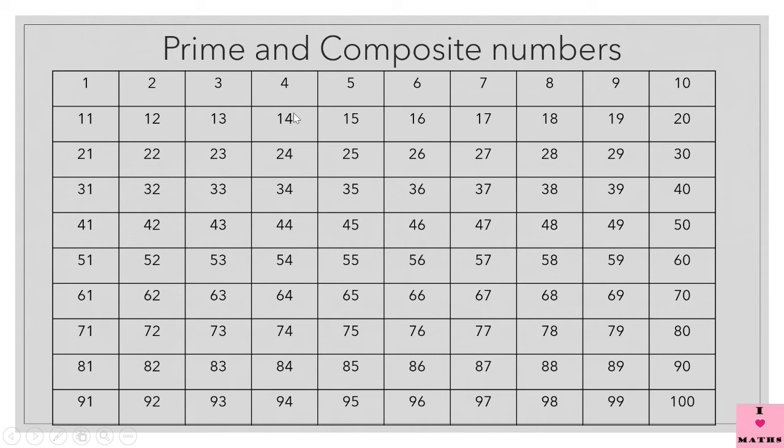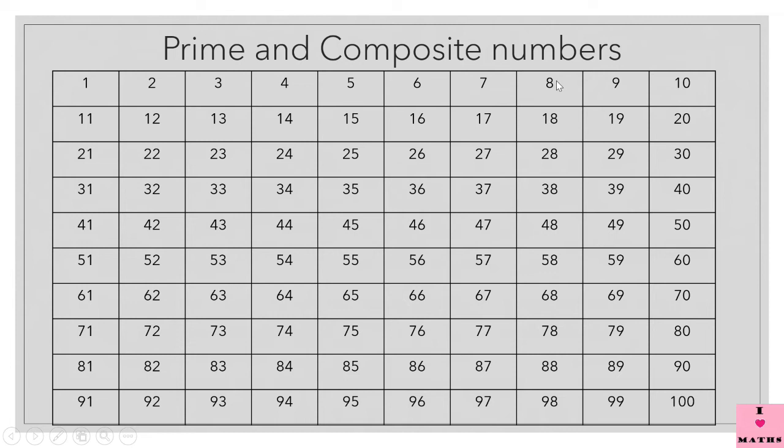In the same way, the numbers which have 4 at the ones place, we are going to cut from 4 till 94. In the same way, we are going to cut numbers which have 6 at the ones place, starting from 6 and going till 96.